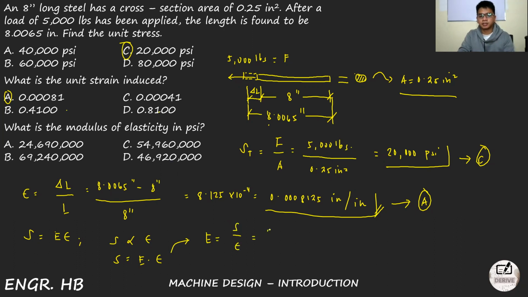So ang S natin kanina is 20,000 and our unit strain way back on our second item is 0.008125. And there you have it. Our answer will be on PSI kasi dito considered na siya as dimensionless and dito is PSI, so that will become PSI.